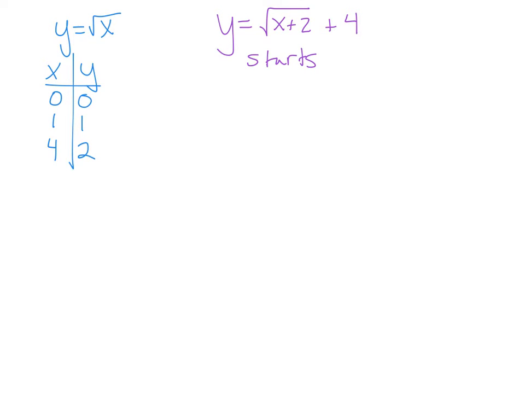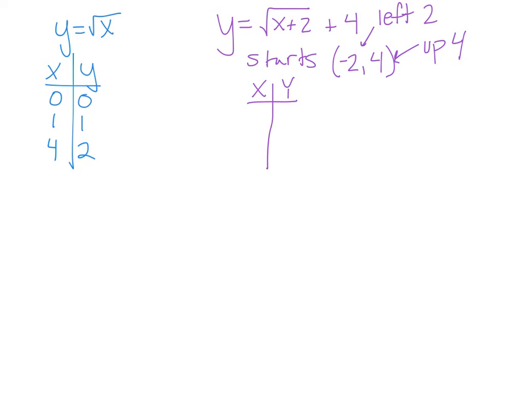Instead of 0, 0, it's starting at negative 2, comma 4. What does that mean? It means it goes left 2 and up 4. Every single one of these x's is going to be left 2, or 2 less. So instead of 0, I'm going to have negative 2.